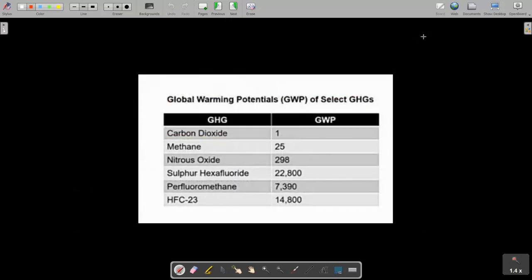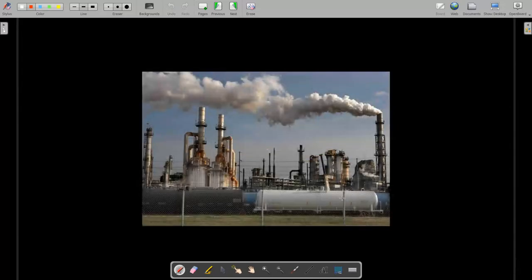Now in this slide I have shown some data on the greenhouse gases and their global warming potential. We always take carbon dioxide as the reference, with its global warming potential as one, and for the other gases, methane, nitrous oxide, perfluoromethane, all their global warming potentials are given. So generally, why is this happening?